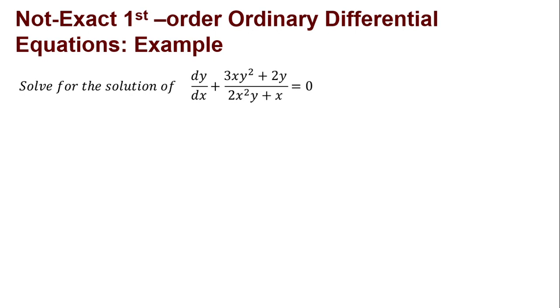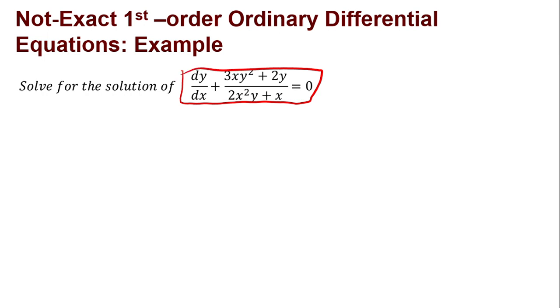So we have an example here. We are going to find a solution for this differential equation: dy over dx plus (3xy squared plus 2y) over (2x squared y plus x) equals 0. Notice that this is not in differential form.